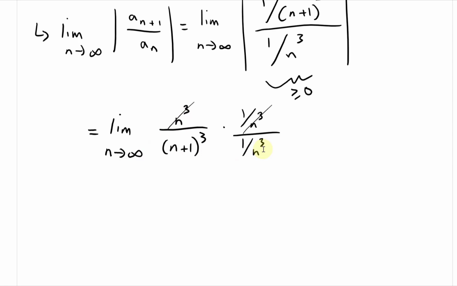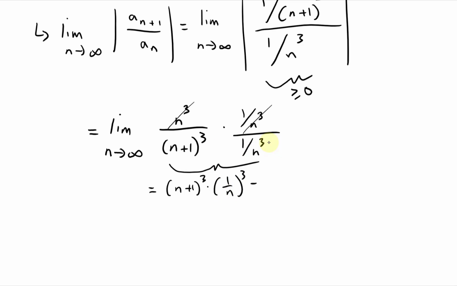Now what do we end up with in the bottom part? They have the same cube there, 1 over n cubed. So this equals (n plus 1) cubed times 1 over n cubed. Because 1 cubed is still 1, and then n cubed, it will be this formula.